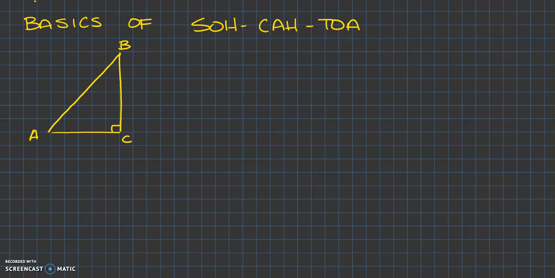And so basically, I want us to start off with understanding that we're dealing with right triangles only. What I'm about to show you only applies to right triangles, and that means angles with, of course, a 90 degree. Now we're going to start off with a basic right triangle, and you can see that I've labeled each of the corners, each vertex of this triangle with a capital letter.